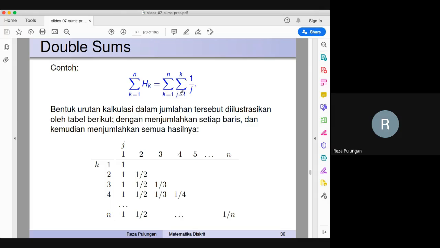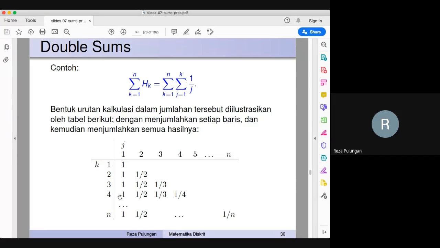But you say j is not from 1 until n, but j is from 1 until k. It doesn't matter. Now, on the rows of this matrix, I list k, and k proceeds from 1 until n. So 1, 2, 3, 4, 5, and so forth.